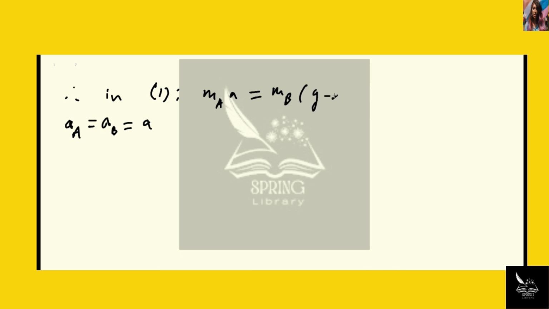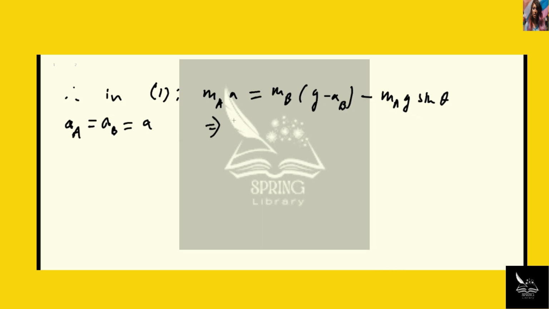In equation 1, therefore, we can plug in 3, and so we have m_A times a. By the way, the acceleration is due to the rope, and so a_A is equal to a_B is equal to a. So m_A times a is equal to F_T, which is m_B times (g minus a), minus m_A g sine theta from equation 1.